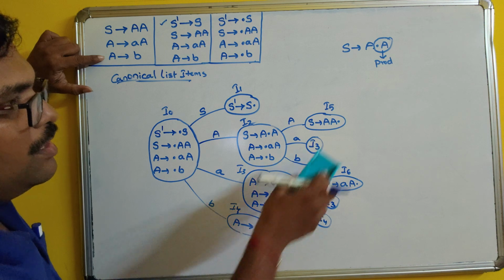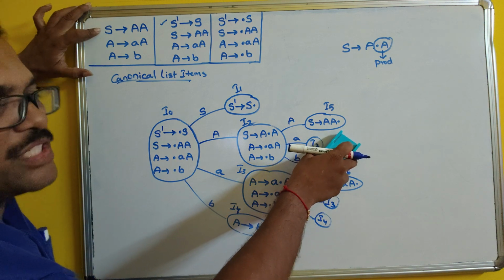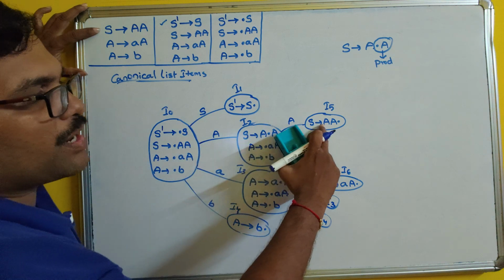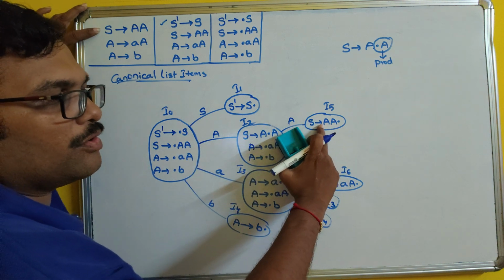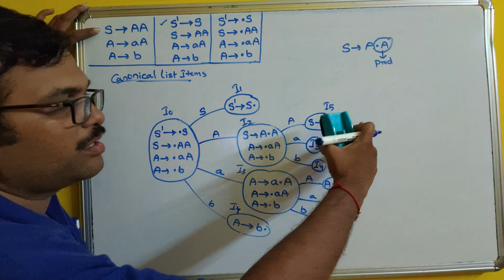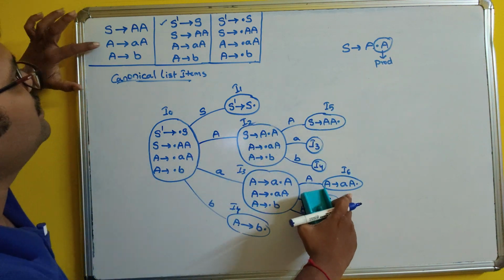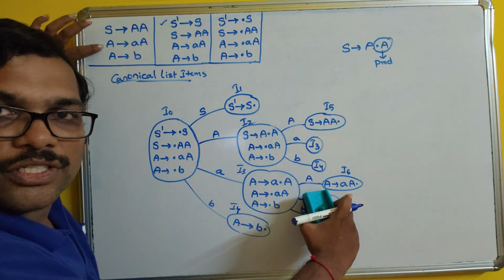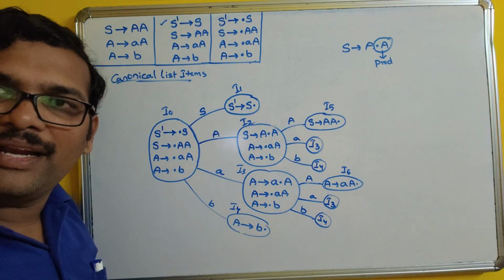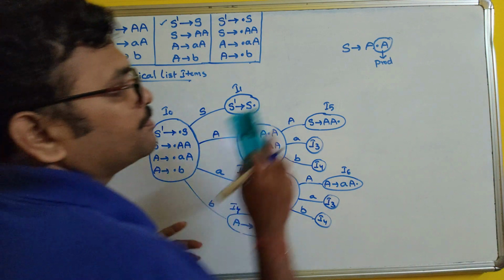And coming to I5, the first production has been parsed successfully, because it started with the dot on the right hand side, and now the dot becomes the last one, and I6 is the second production, right? Now we have completed.